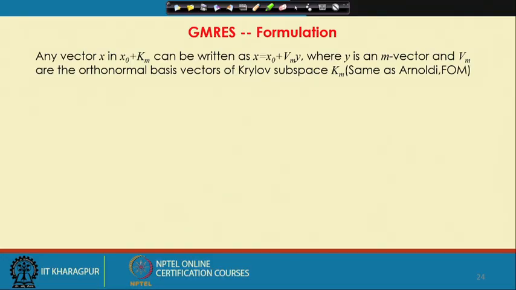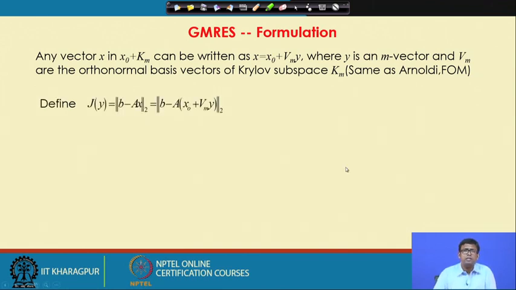Any vector x in x0 plus Km can be written as x equal to x0 plus Vm y, where y is an m vector and Vm are the orthonormal basis vectors of the Krylov space, and this is the same as the Arnoldi or FOM method. Now, if we define J(y) as the L2 norm of b minus Ax, or substituting x equal to x0 plus Vm y, then b minus Ax is b minus A times x0 plus Vm y, which is R0 minus A Vm y.